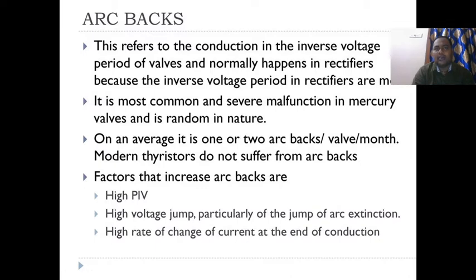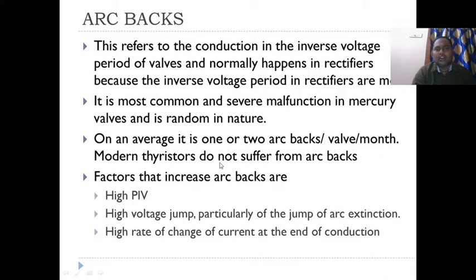So arc back is the most common and severe malfunction in mercury valves and is random in nature. It is the most common fault compared to different faults. Already I told that arc back is when the current flows in reverse direction. On an average, it is one or two arc backs per month.